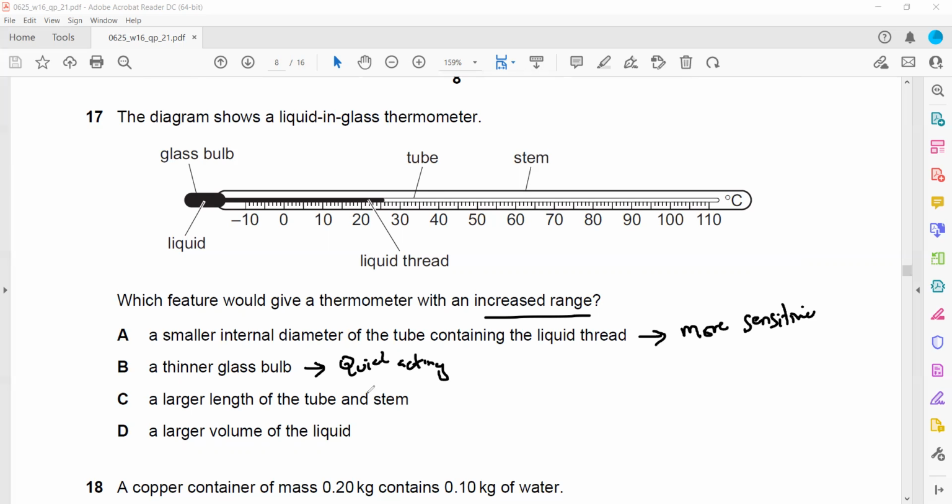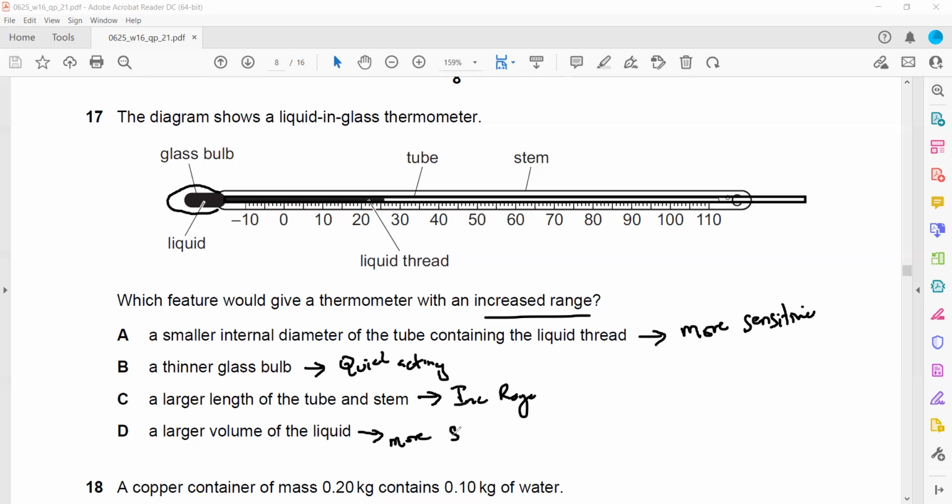Larger length of tube in the stem, like using a longer capillary, will increase the number of values which can be recorded, so it will increase the range. And using a larger volume of liquid will also make it more sensitive.